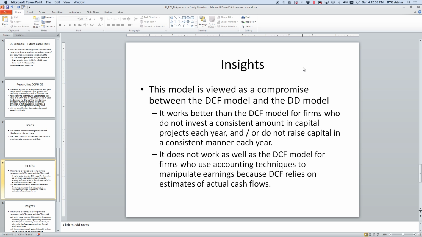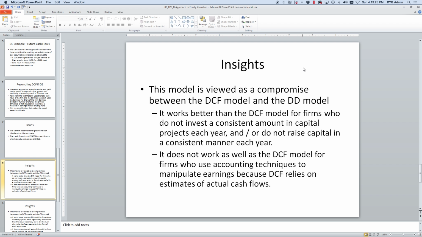Where it doesn't work well is in the instances where companies are manipulating their earnings numbers through accounting techniques. Now, I'm not saying that they're doing anything illegal. I'm not saying that it's not GAAP. But companies have a number of choices of how their final net income numbers appear, depending on certain accounting decisions that they make.